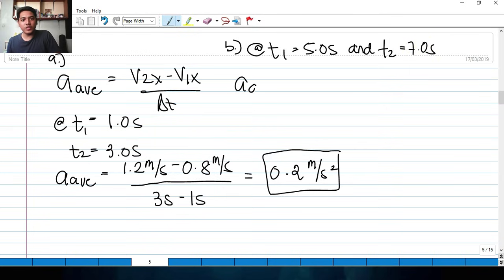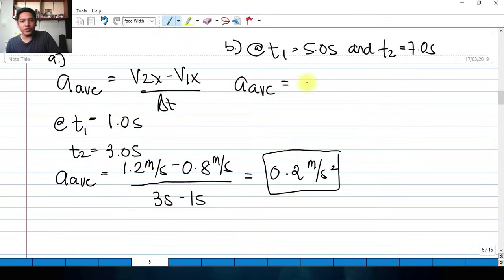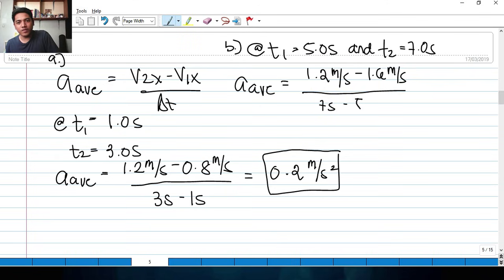So the average acceleration is simply v2x minus v1x. In this case, our v2 is at 7 seconds. So we have 1.2 minus 1.6: 1.2 meters per second minus 1.6 meters per second divided by 7 seconds minus 5 seconds. That is basically 2 seconds.